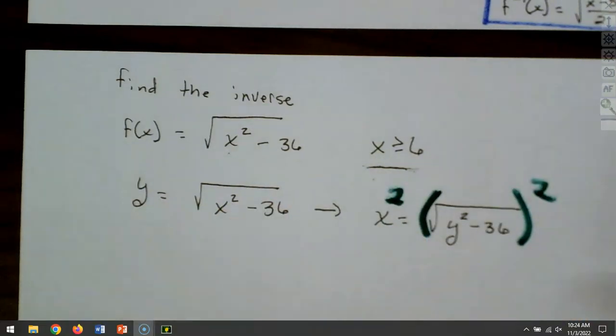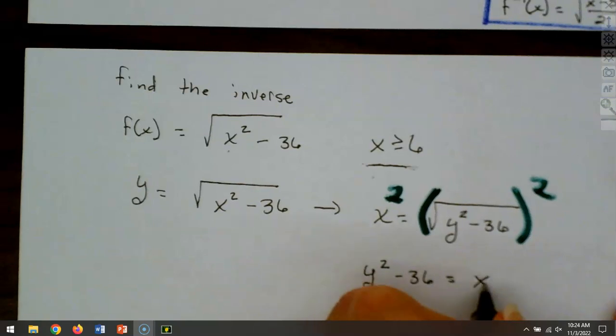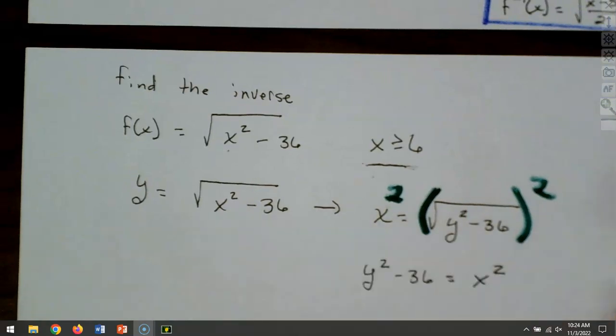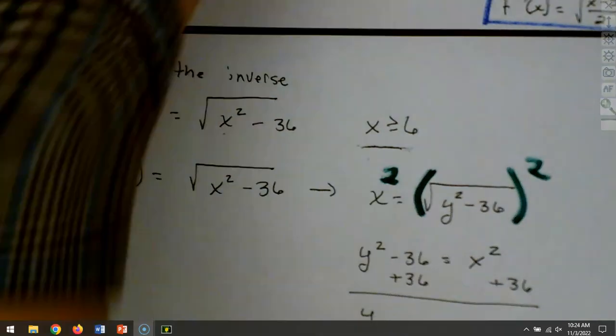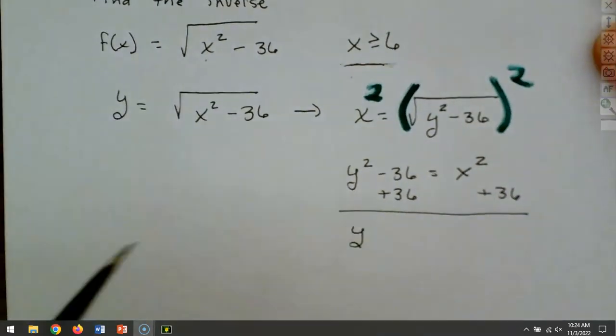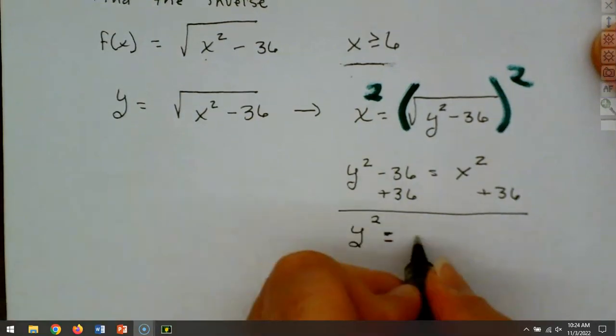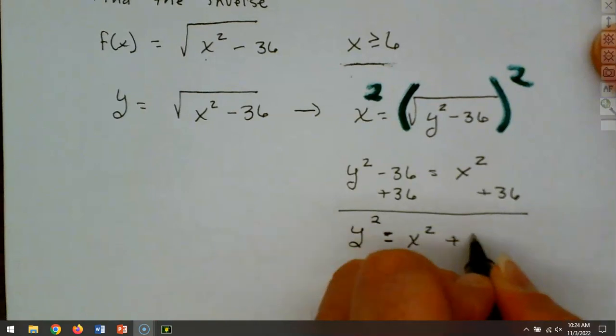Okay. And that gives you now y squared minus 36 equals, when I move it over, the x squared. So we're going to have to add that 36 over. Now we've got y squared equals x squared plus 36.